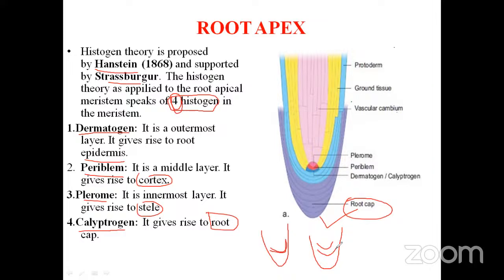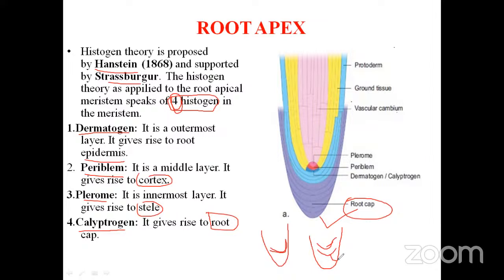In this type, the inner row of initials forms the inner cortex and central cylinder. The outer row forms the outer cortex and root cap. Simple. And epiblema, dermatogen plays epiblema, arises from the outermost layer.